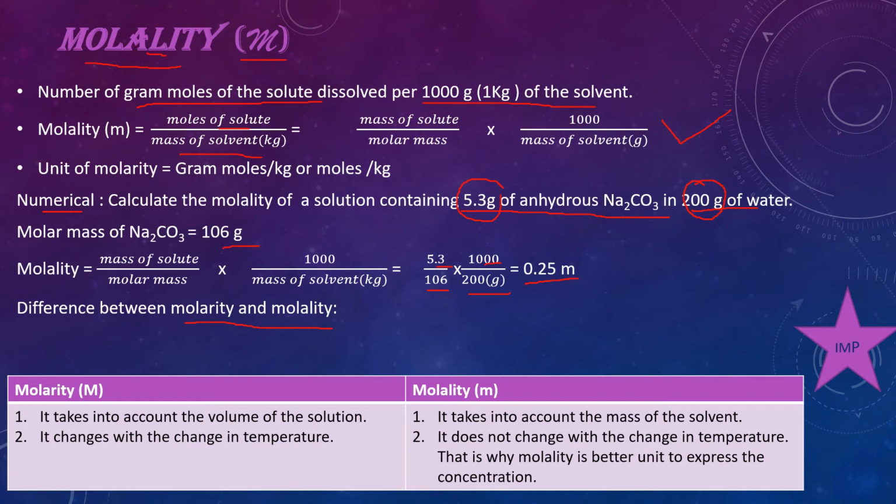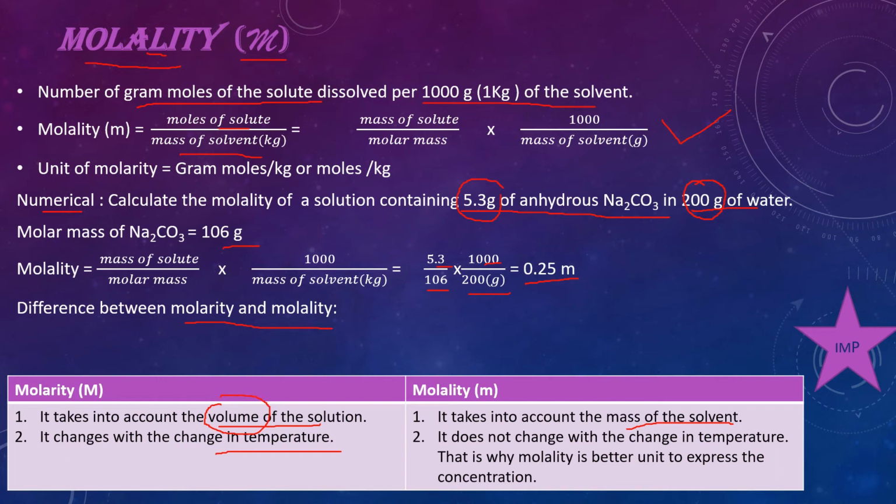So let us take the difference first. Now molarity takes into account the volume of the solution, whereas molality takes the mass of the solvent into consideration. This is the first difference. Second difference is molarity changes with change in temperature because it includes volume of the solution, which changes with the temperature.